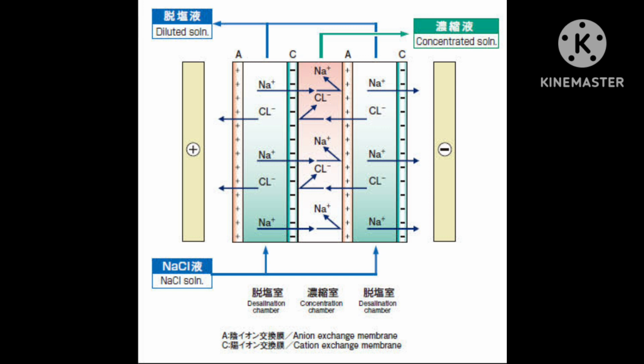Suppose you have supplied the current, you have just turned it on. Now DC is on, then it will supply the voltage or current. Then what will happen? Anion is negative charge, cation is positive charge. They will try to move towards the opposite electrode, meaning anion will go to the anode, cation will go to the cathode.